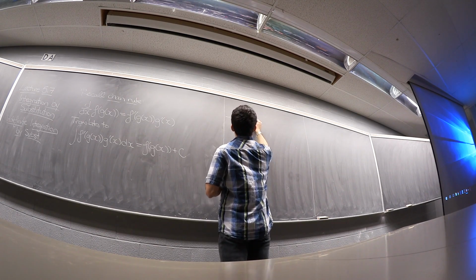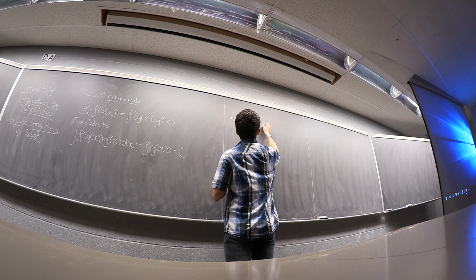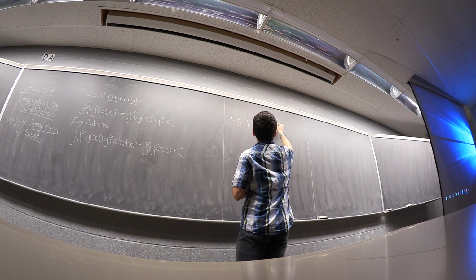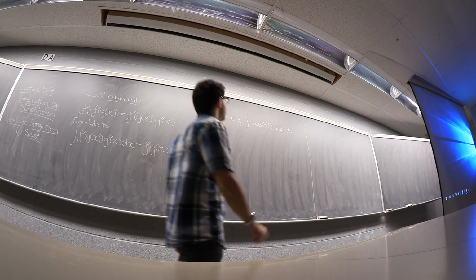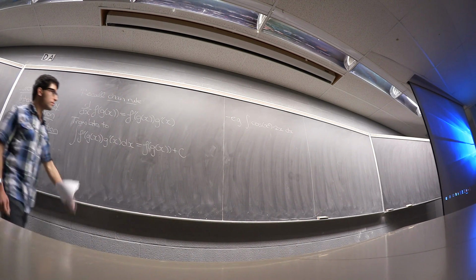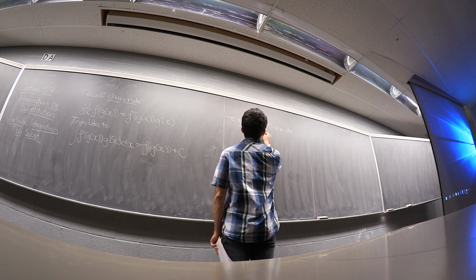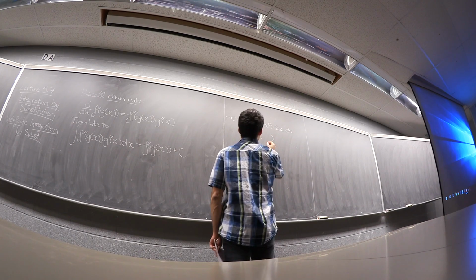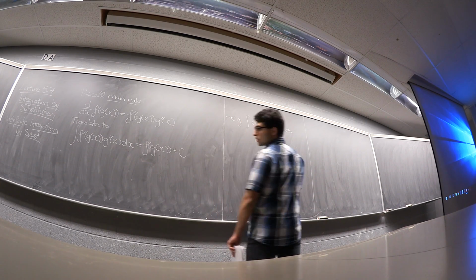So if you're asked to integrate, indefinite integral, so antiderivative, of cos x squared times 2x dx. That's of that form. We've got f prime of g of x.